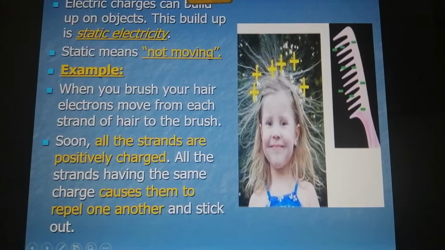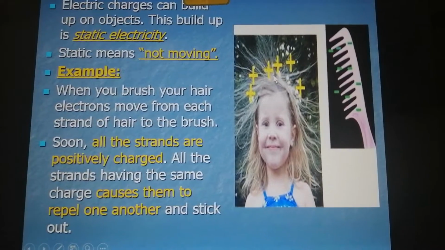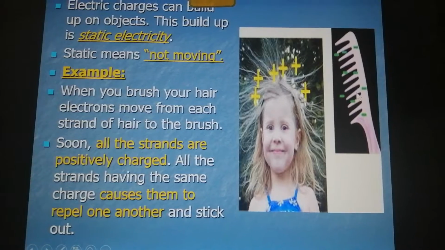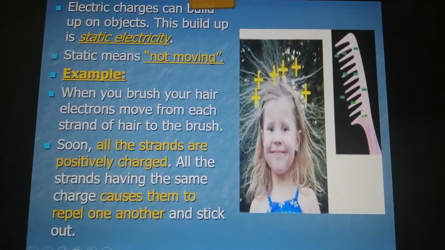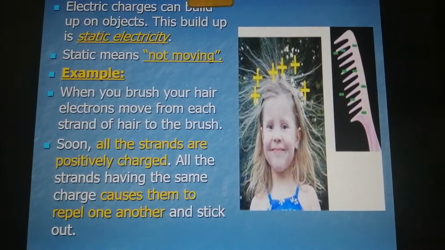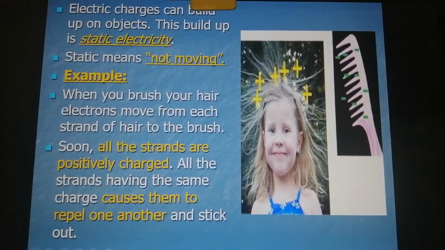And as we know, the same charges repel. So your hair will become tangled and not good because you combed your hair with a plastic comb. That's why they always say comb your hair with a wooden comb, because the wooden comb doesn't have charge like the plastic one.